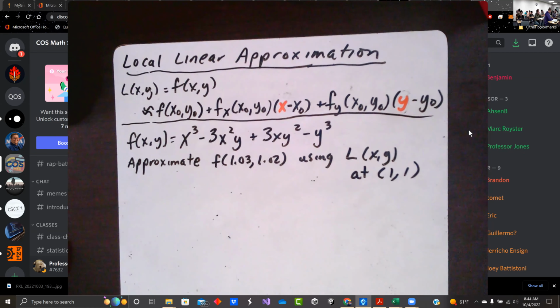X naught and Y naught would be the regular 1, 1. Yeah, that actually definitely makes sense, because the X, Y would be the actual 1.03 and 1.02.